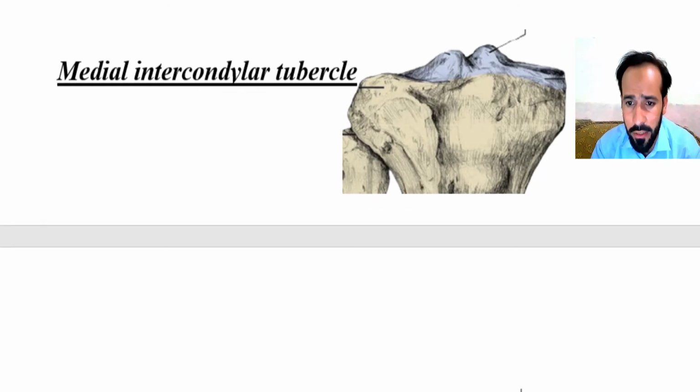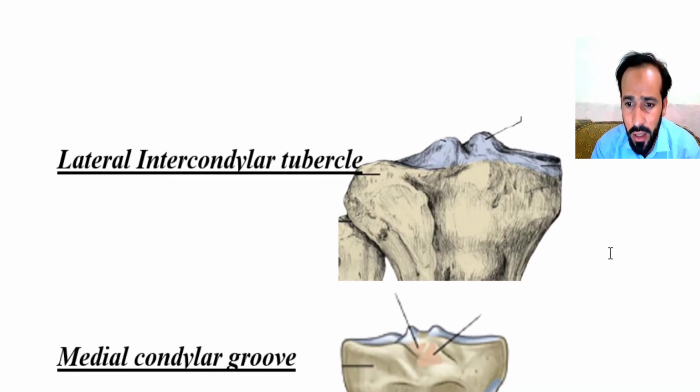So if we go a little bit down in the next picture, we have the lateral intercondylar tubercle, same as the picture here. This is the medial intercondylar tubercle, and this is the lateral intercondylar tubercle.